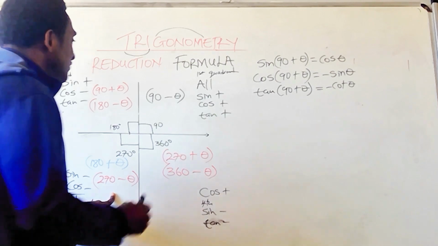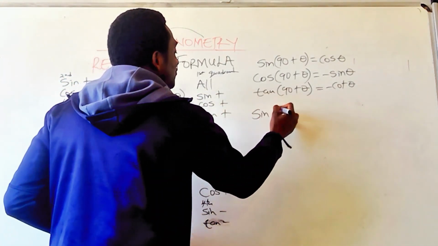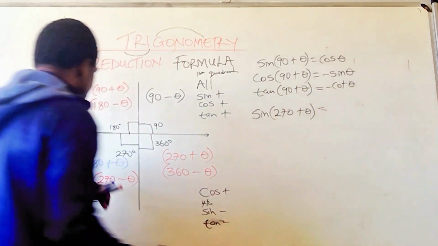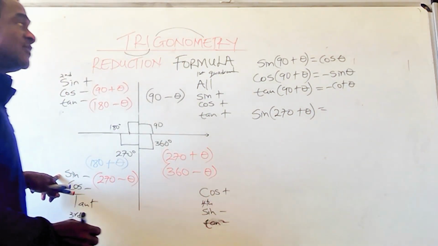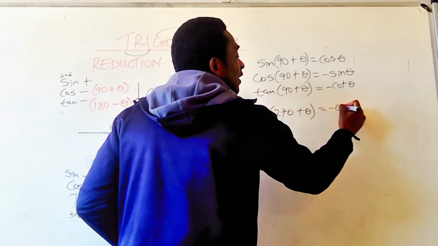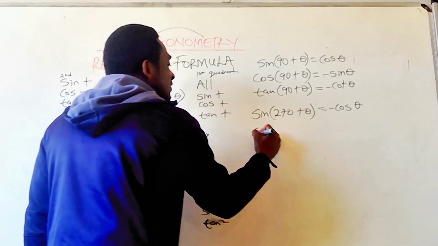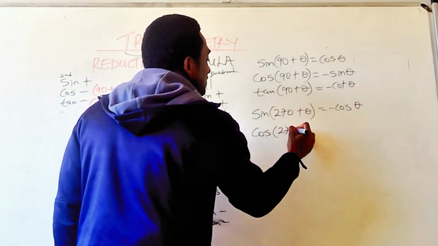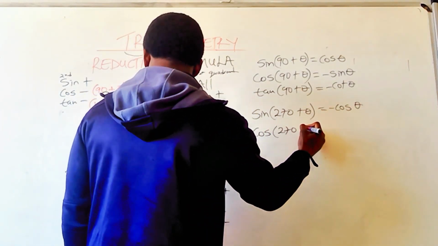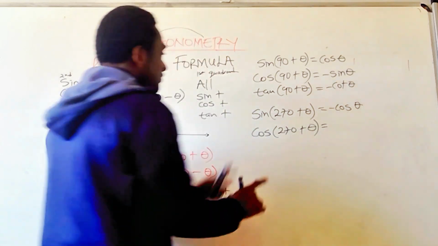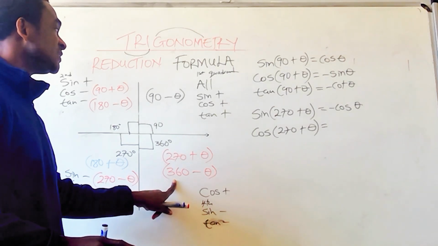We also have 270. So if we have sine of 270 plus theta, on this quadrant, sine is negative. So the cofunction will also be negative. If we look at cos of 270 plus theta, we are looking at the last quadrant.